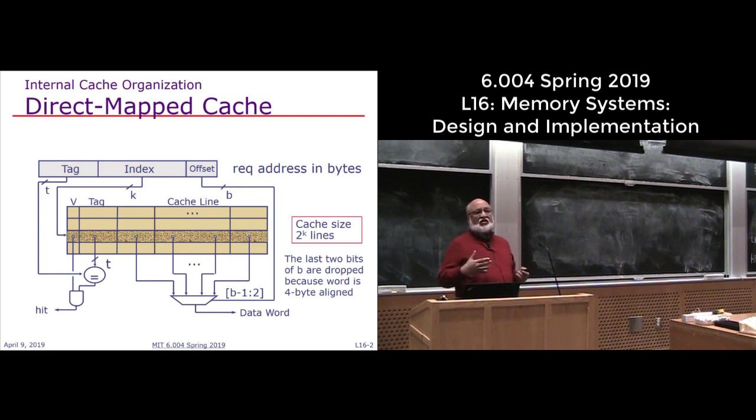And that's called a conflict, because you want to use both locations X and Y, but it just so happens that because of their addresses, they map to exactly the same location in the cache. And when that happens, it's a conflict, and the performance can go down dramatically because of conflicts.